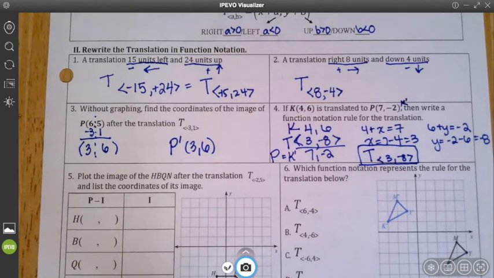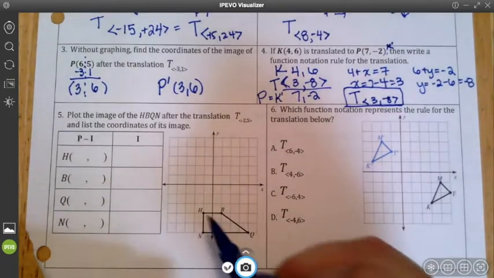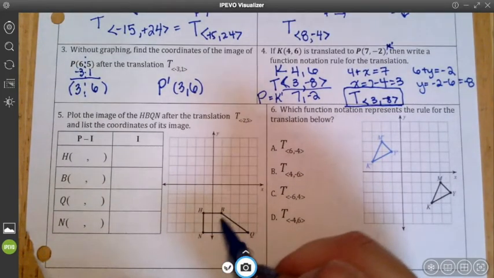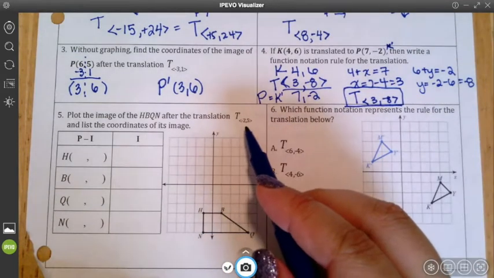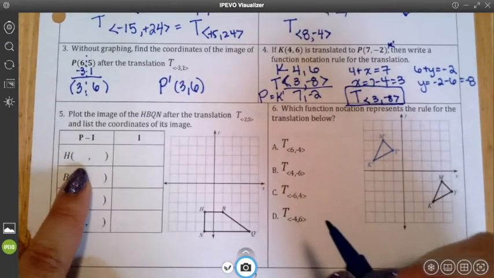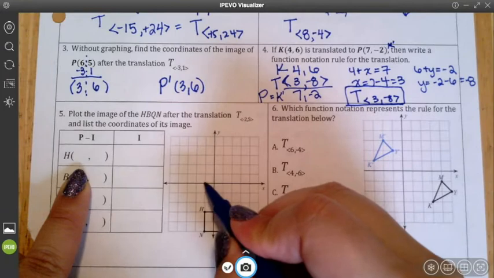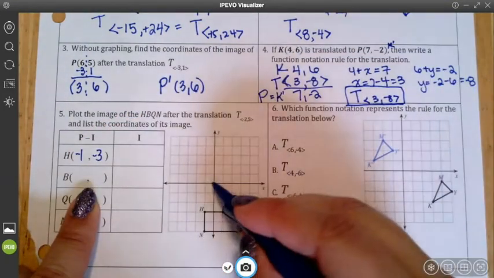Okay. In our next example, we want to plot some images. So we have the original H, B, Q, N. After the translation <-2, 5>, list the coordinates. So this is the pre-image. Our original point, H, is at (-1, -3). B is at (1, -3).